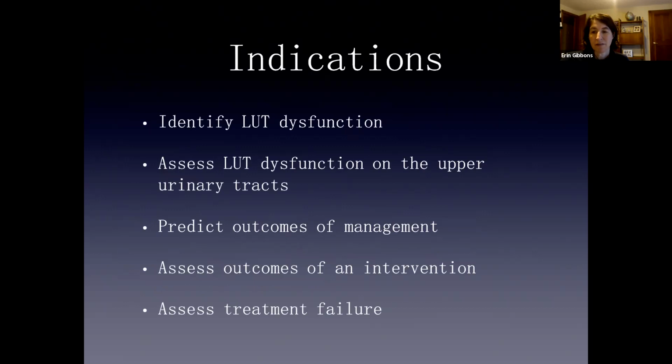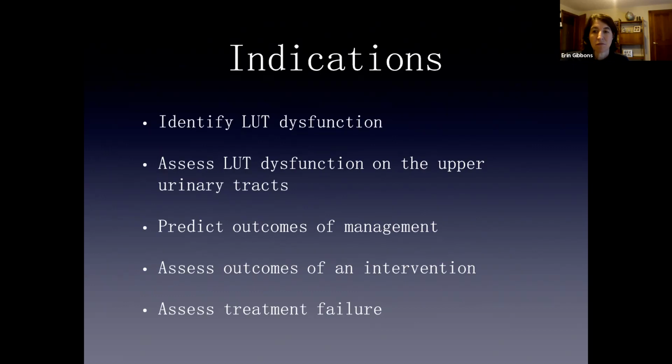So we're trying to identify lower urinary tract dysfunction, and then how that dysfunction could possibly affect the upper tracts, which is obviously very important in terms of renal function long term. It can be helpful when we want to predict for a patient what a treatment is going to do for them, whether it be medical management or surgical.